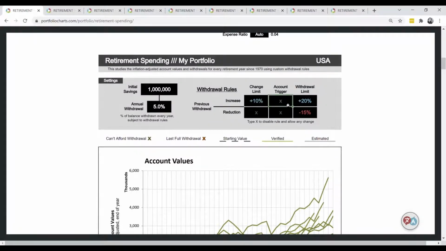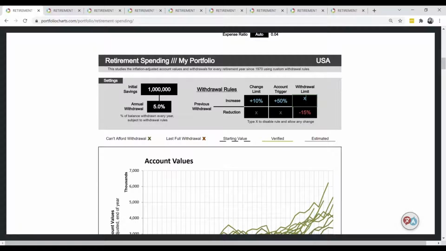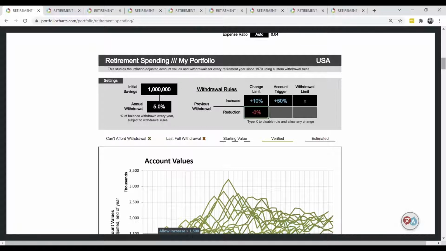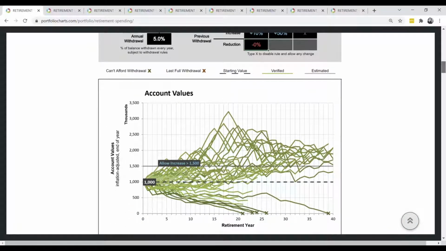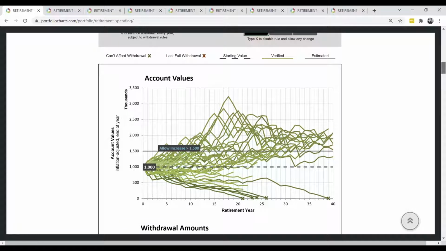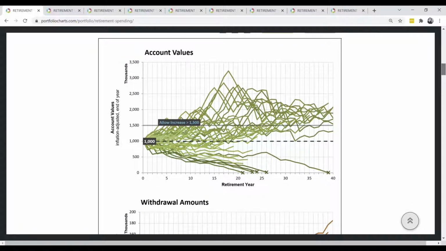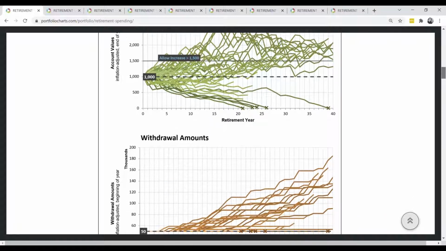It was 10, 50 there. You just X this out when you don't want it anymore. And a 0 in this box. And for this 60-40 portfolio, we see that it has a number of failures. The account looks like it would be going up and down a lot.